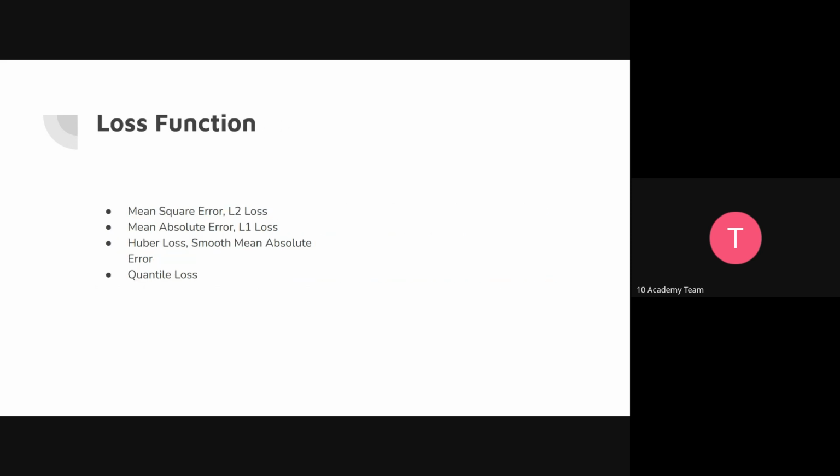Okay, so loss functions can be mean square error. This is the predicted value minus the true value, squared, and it's a mean because it's divided by the number of samples. It's called L2 loss.